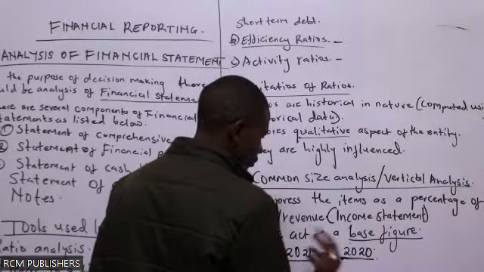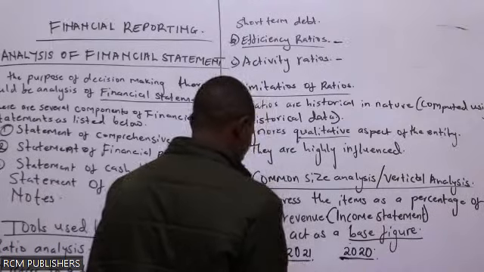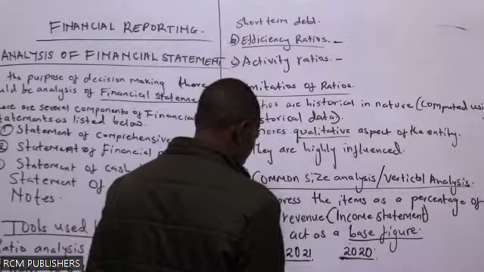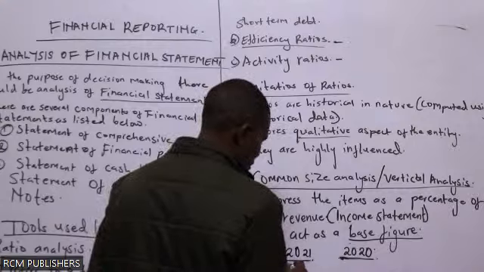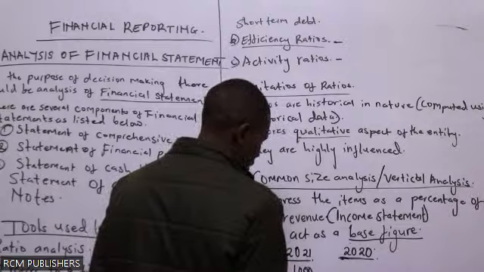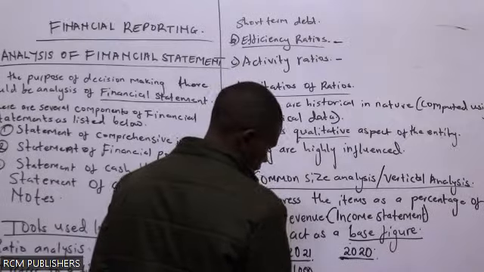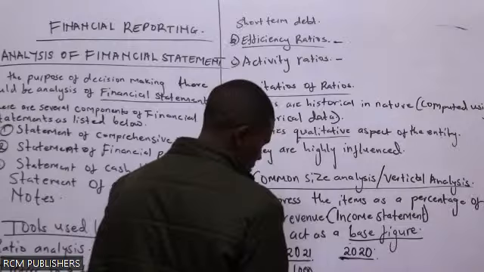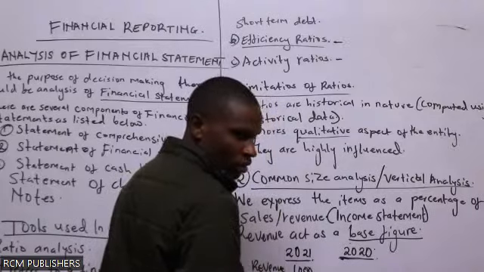I can as well use one year, no problem. So revenue or sale. Remember, if it says revenue or sale, it is the same. Here we had 1,000. Cost of sale I had 500. Then here I will have my gross profit. Gross profit will be this, just an illustration.